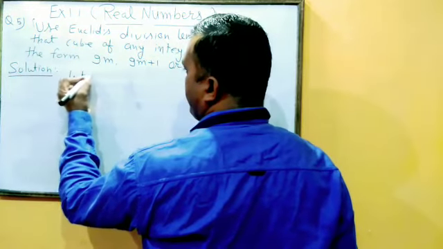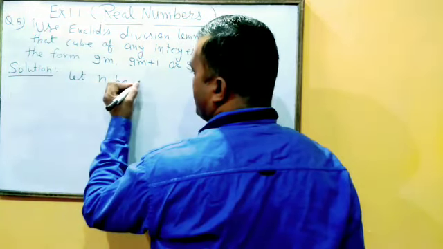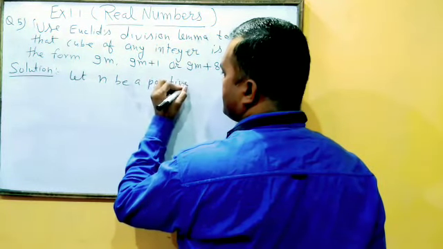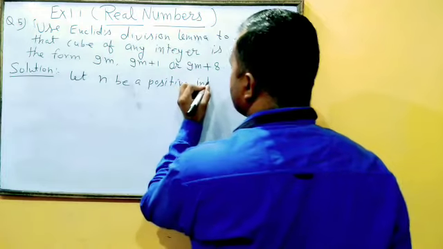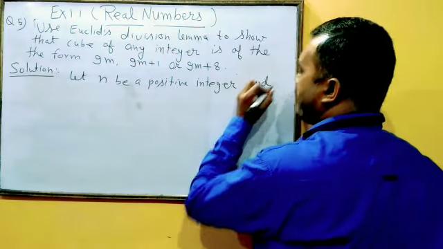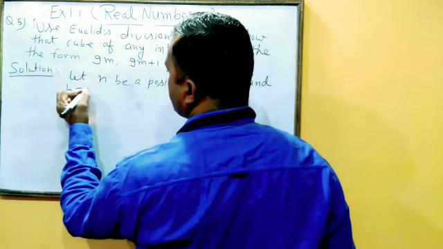Let n be a positive integer and b is equal to 3.